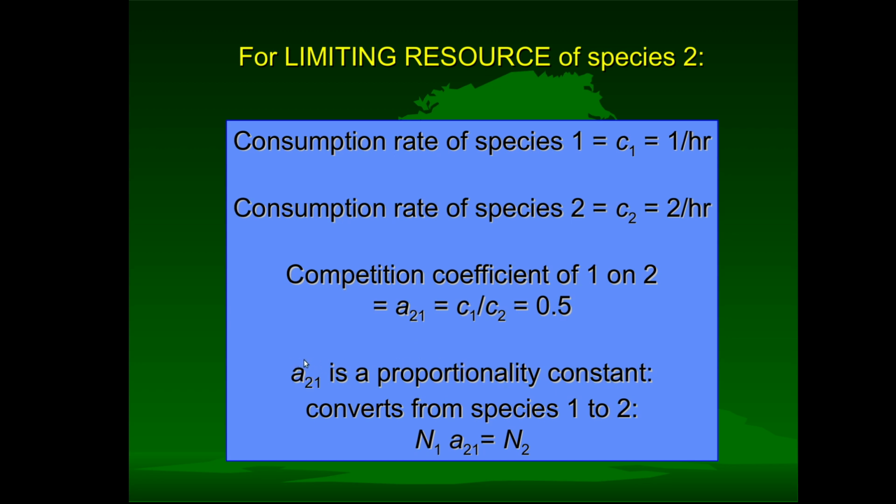It's the number of individuals of species 2 equal to 1 individual of species 1 in terms of the consumption rate of species 2's limiting resource. So if you want to convert any number of individuals of species 1 into an equivalent number of individuals of species 2 in terms of consumption of species 2's limiting resource, then you just multiply that number N1 by A21.